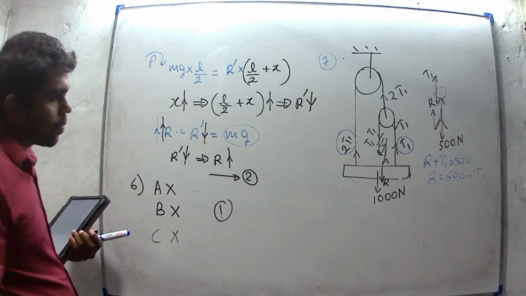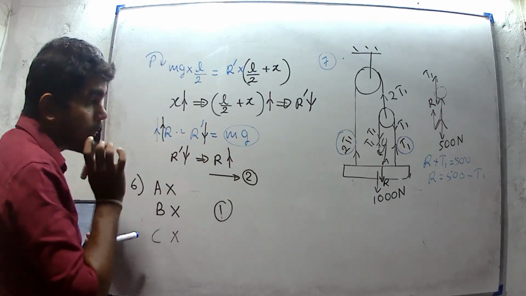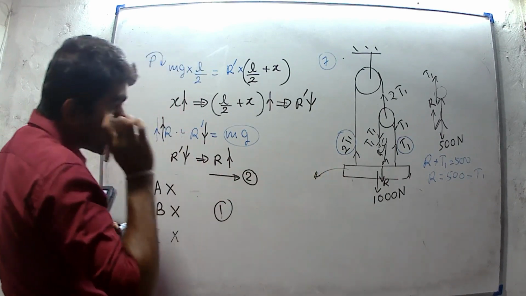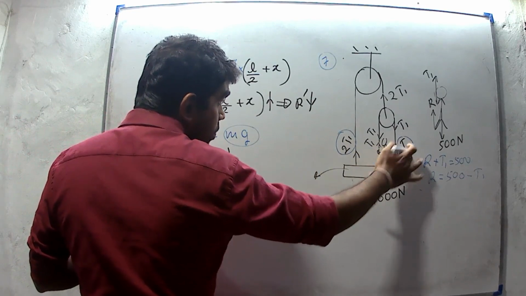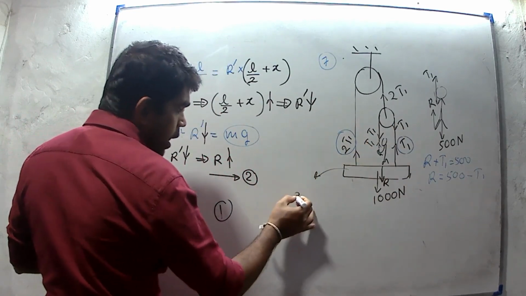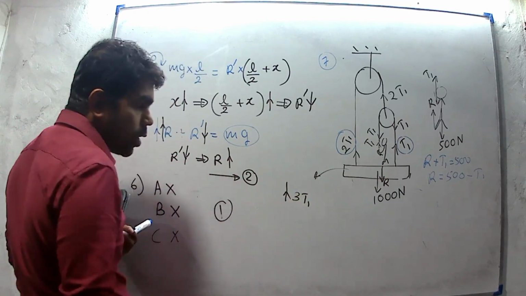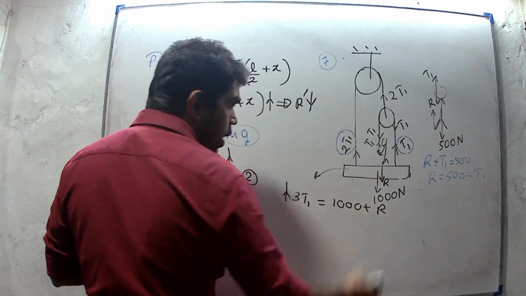Therefore, we can write a relationship for the equilibrium of the platform. There are two forces in the upward direction, 2T1 and T1, 3T1, in the upward direction, which should equal 1000 plus R in the downward direction.